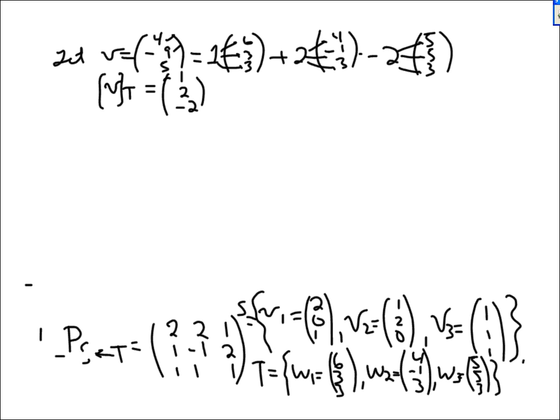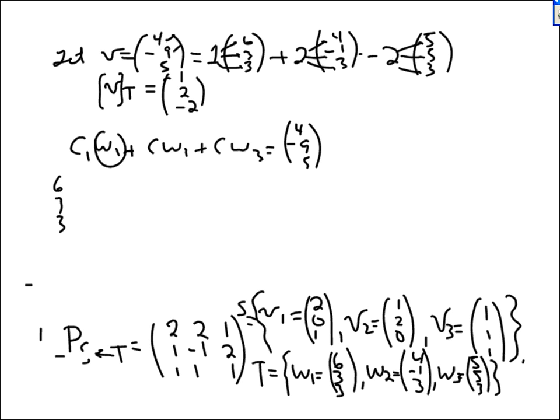Okay, so let's solve it. We want a multiple of W1 plus a multiple of W2 plus a multiple of W3 to equal 4, negative 9, 5. Well, that means we write W1 as a column, 6, 3, 3.